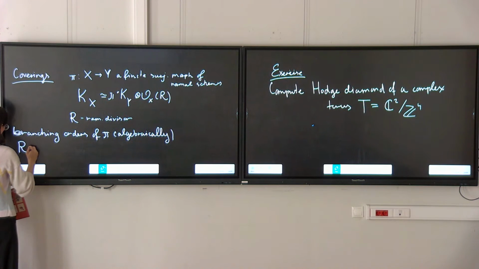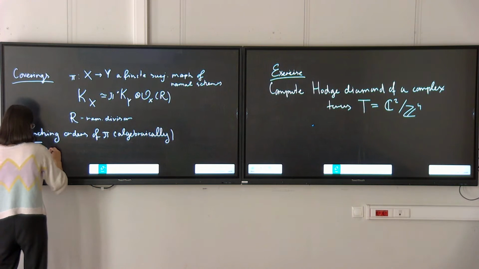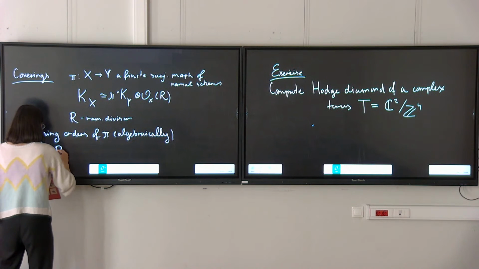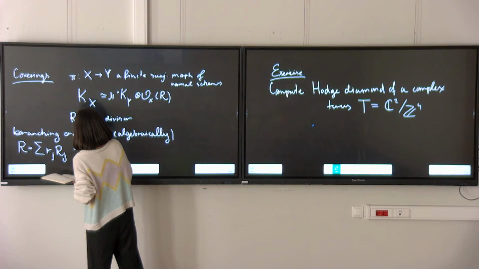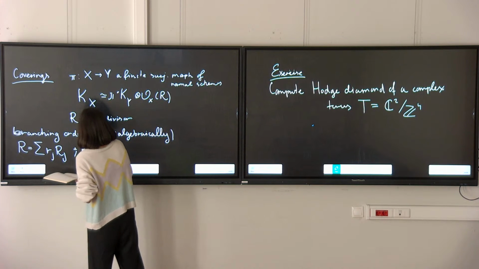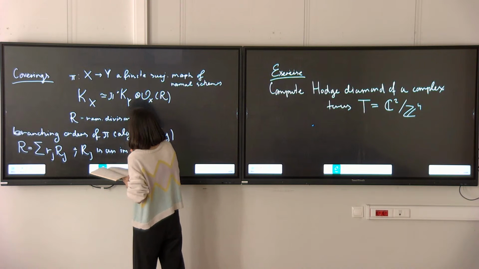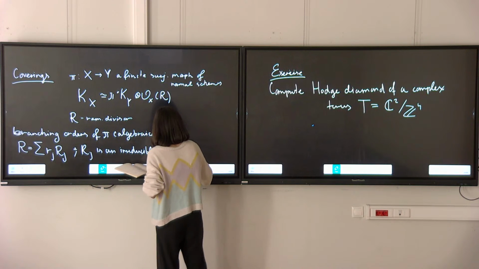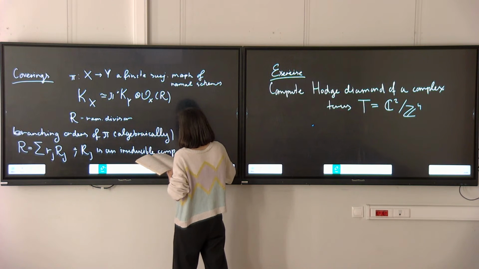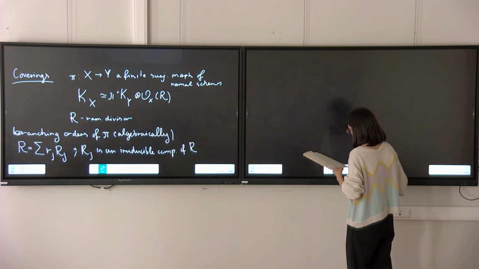Suppose that our ramification divisor is a sum of irreducible components, where G_j is an irreducible component of R. And now what is the branching order?